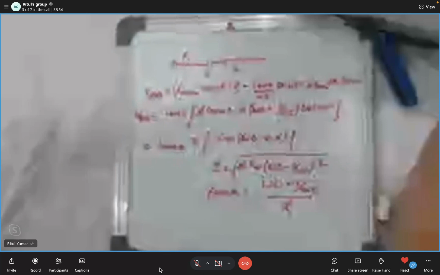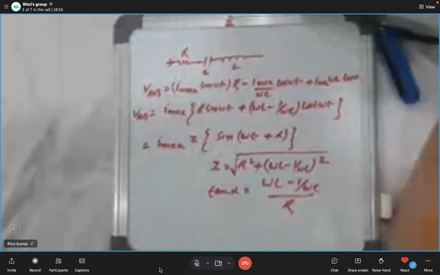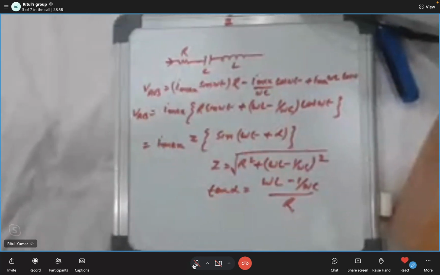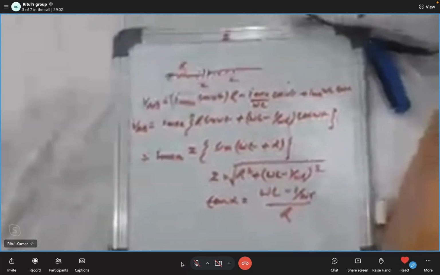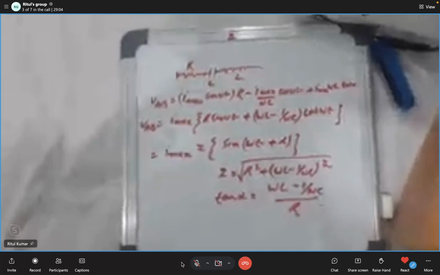It acts purely resistive when omega L is equal to 1 by omega C.